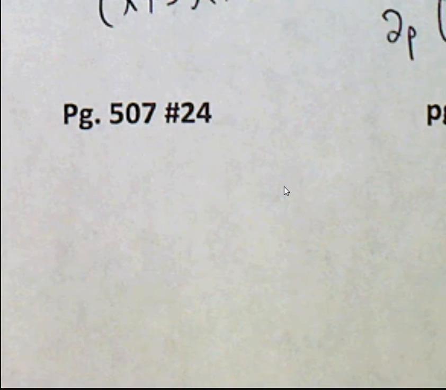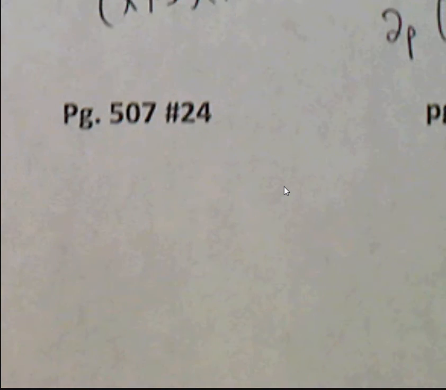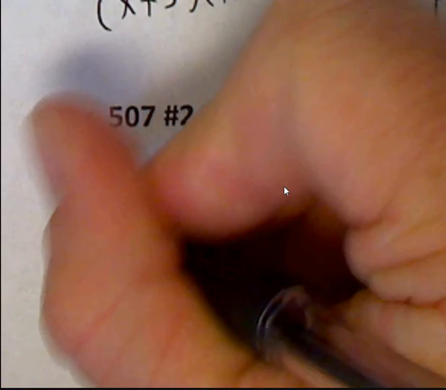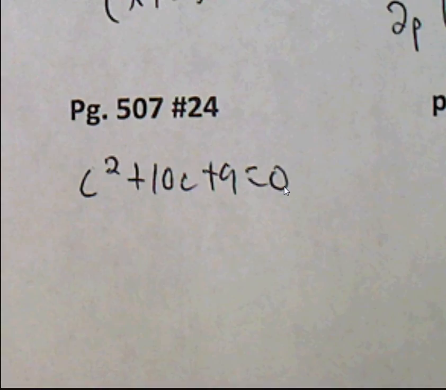Page 507, number 24. I'm given c squared plus 10c plus 9 equals 0.